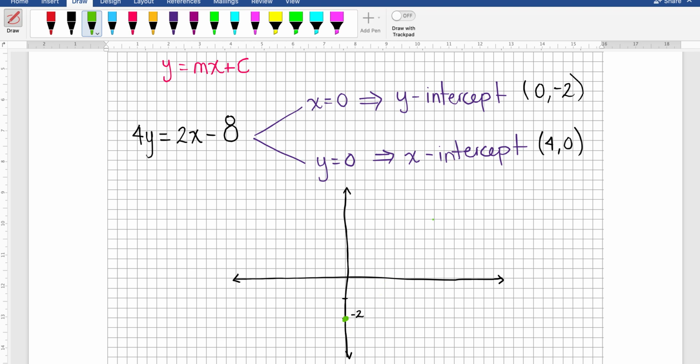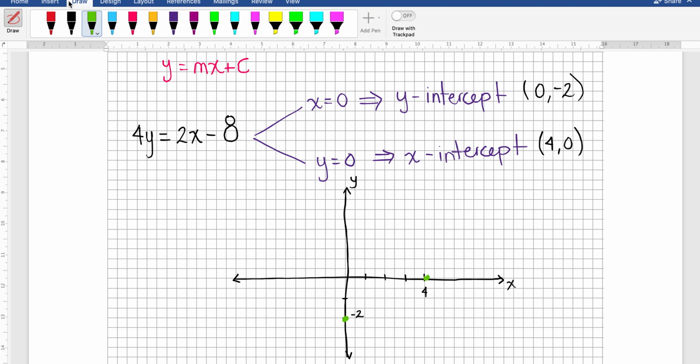Beautiful. Then the x-intercept is 4 and 0. So this one is going to be 1, 2, 3, 4. This one is x, this one is y. Now I have my x-intercept, which is 4, 0.